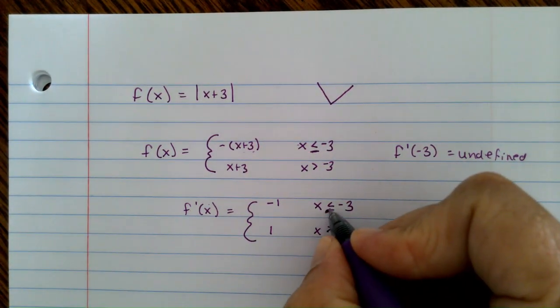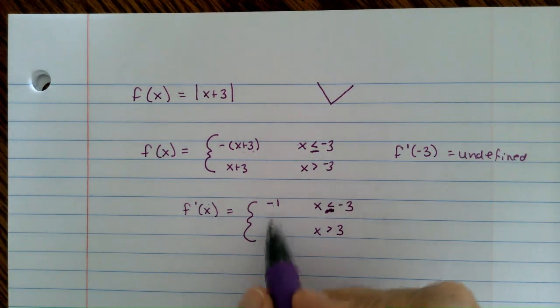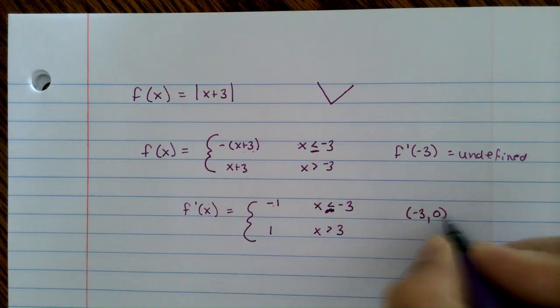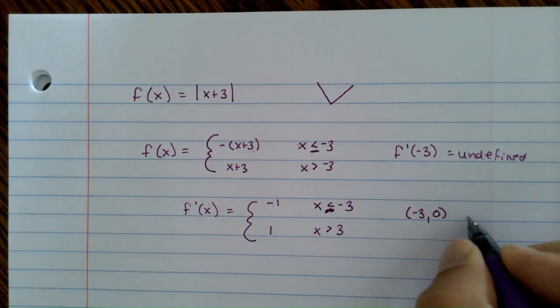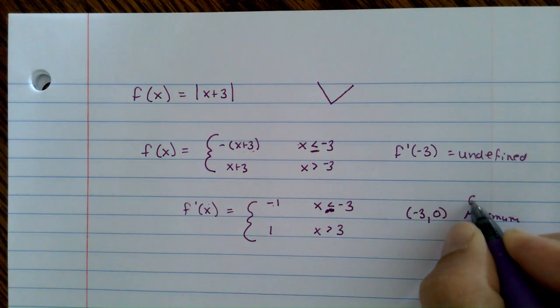So we can't actually include it here. So -3 becomes a critical number. When we check that critical number, we do find that we switch from downhill to uphill, making (-3, 0) the minimum ordered pair. And this one happens to also be a global minimum.